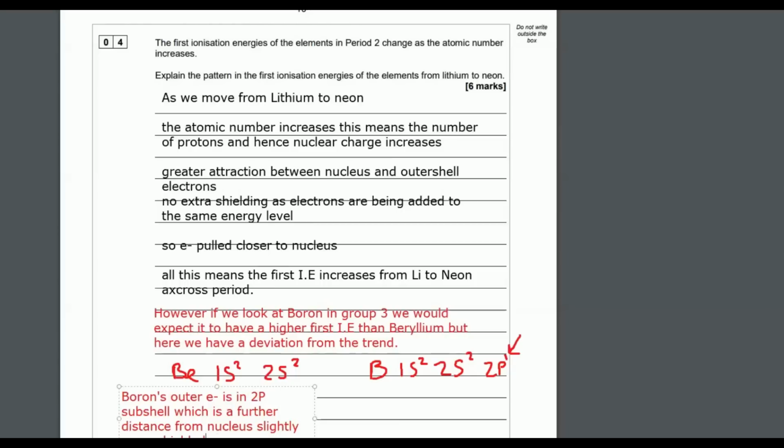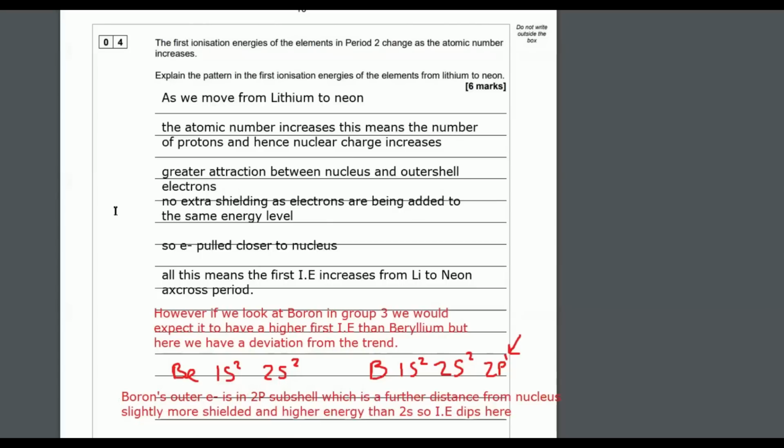So once again, the reason why boron and beryllium don't fit the general trend of an increase in first ionization energies is because the boron electron is being removed from the 2p subshell that is slightly further from the nucleus and at a higher energy level, and that is why it has a lower first ionization energy than beryllium.